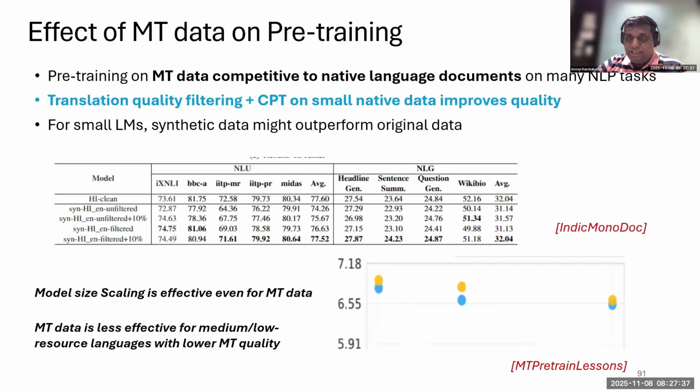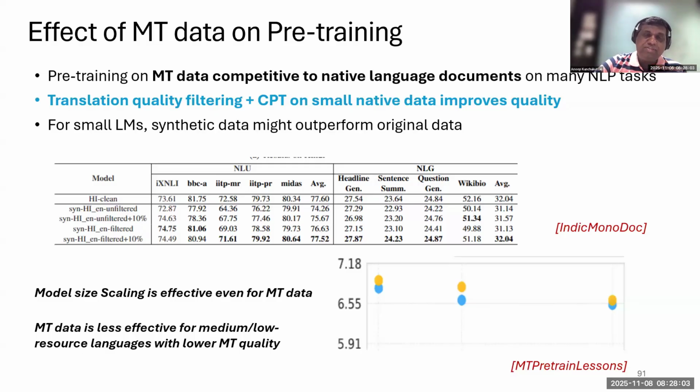So what we see when we do that is that an LM trained on such machine translation data is competitive with native language models on many NLP tasks. And particularly, if you complement the machine translated data with a little bit of native data towards the end of the pre-training, then that improves the quality.